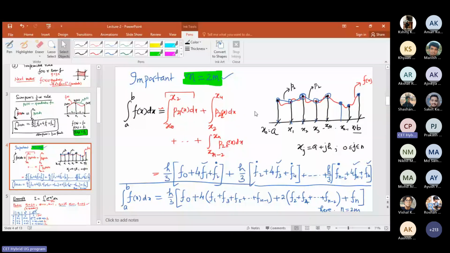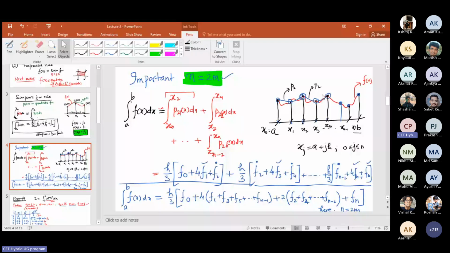Can you understand that? You need an odd number of points in total, right? Because every time, 2 new points you will need in order to fix the parabola wherever you stop. For example, if I am fixing the parabola of the points x0, x1, x2, I will need these 3 points. Then for the next parabola I have to start from x2, but then 2 additional points I will need, right?